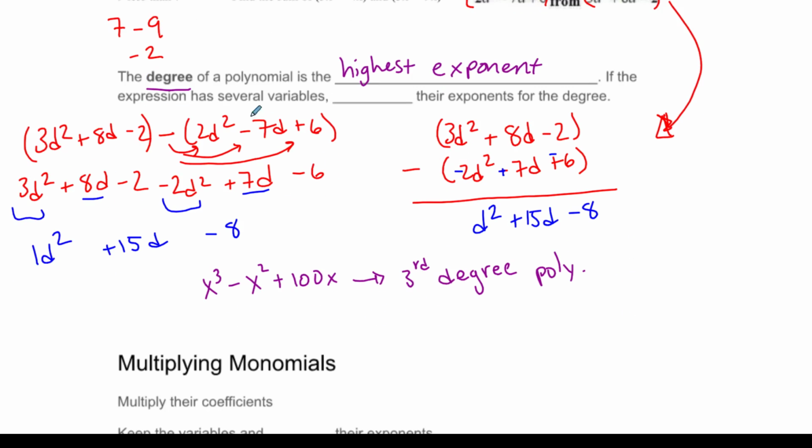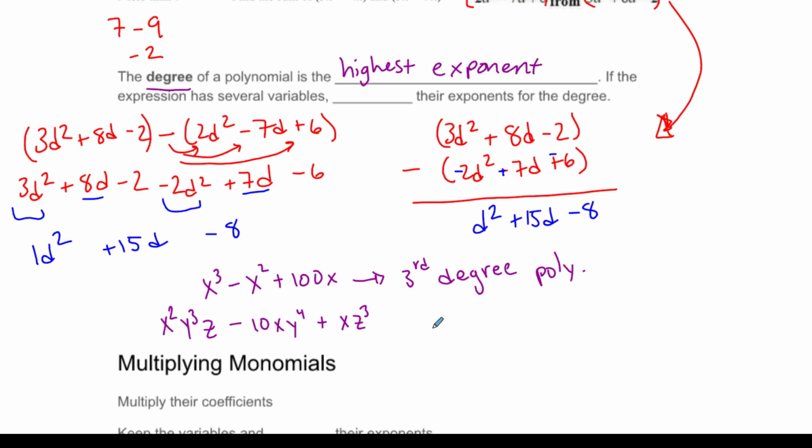But what if you have something with multiple variables? What if you had, I don't know, x squared y cubed z minus 10xy to the fourth plus xz to the fifth. We'll do z to the third.